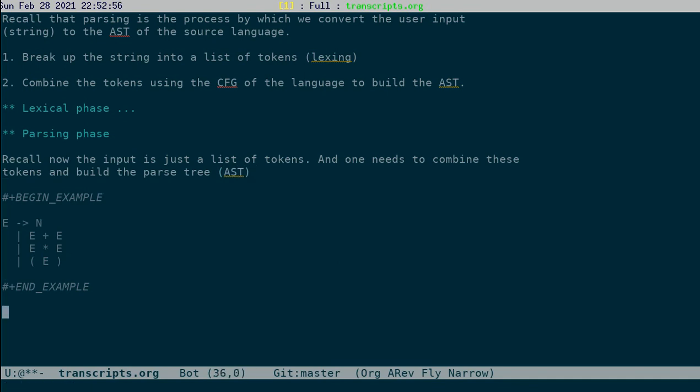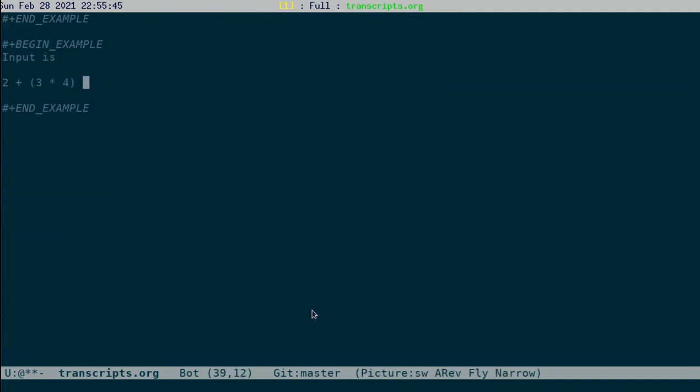Suppose you enter the expression 2 plus 3 times 4. This is the input. Let's avoid ambiguity. When you give this input, the parsing phase should convert it into a tree, the AST, which looks like this.